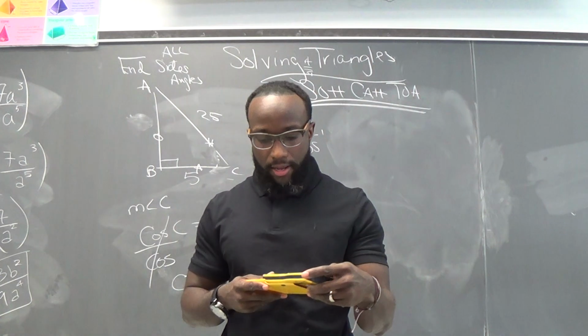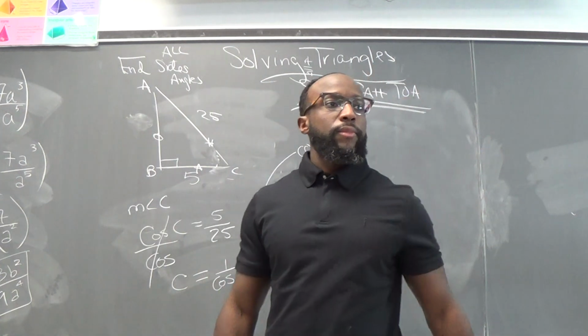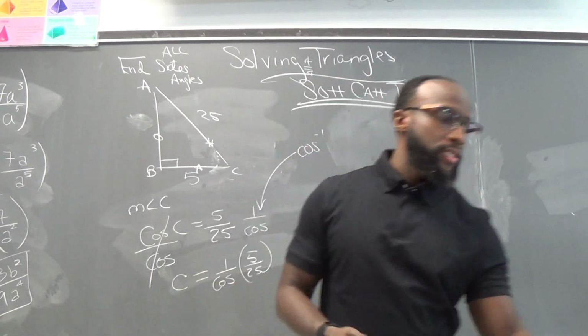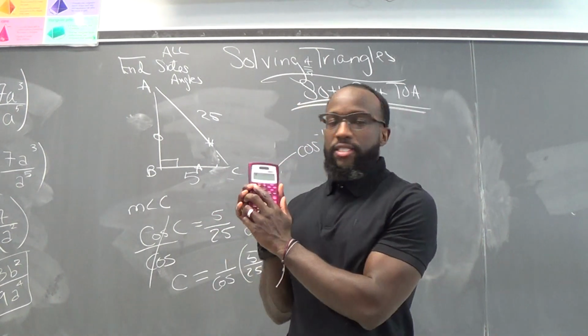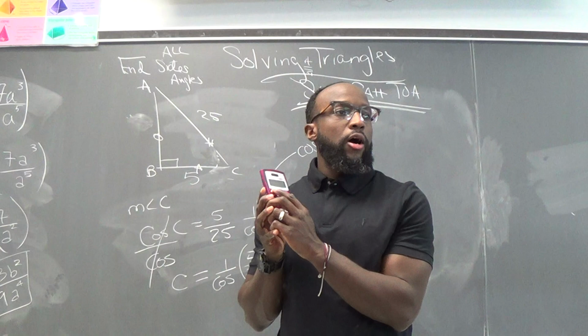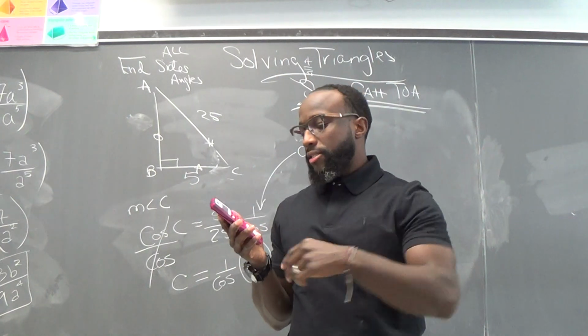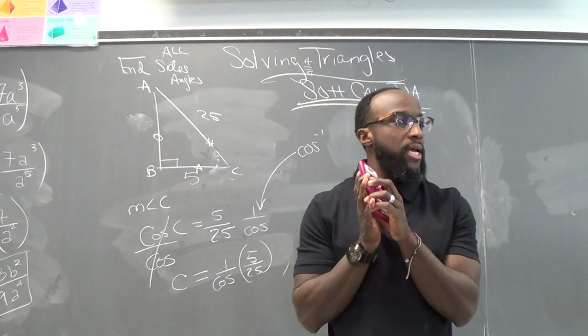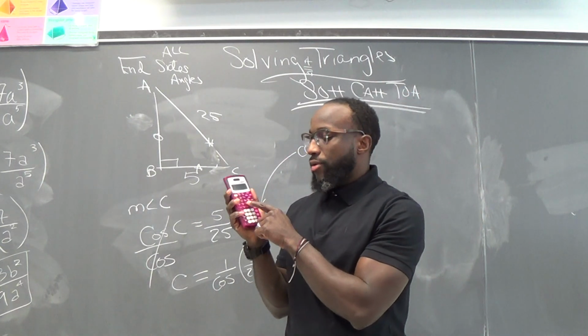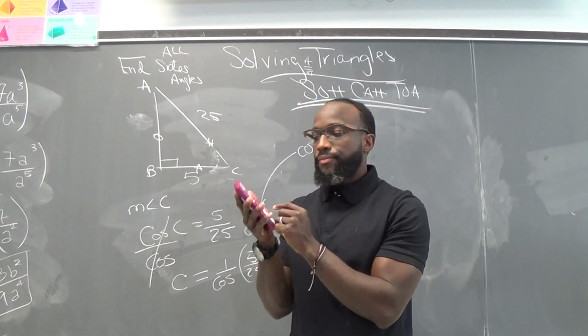All right, here you go, Ty. If you have yours, it's much like this one. You would have to hit either the second button or the shift button, or the extra color button. All these buttons are pretty much the same color, the only button that's not the same. You'll hit that button, and then you will hit your cosine.